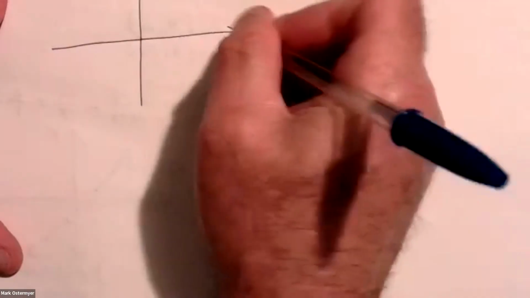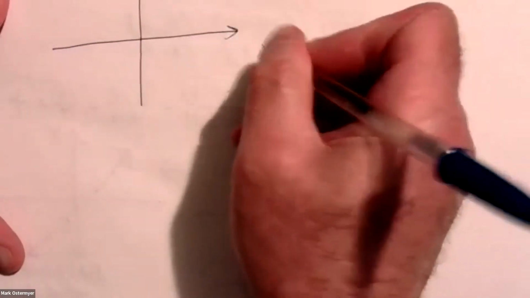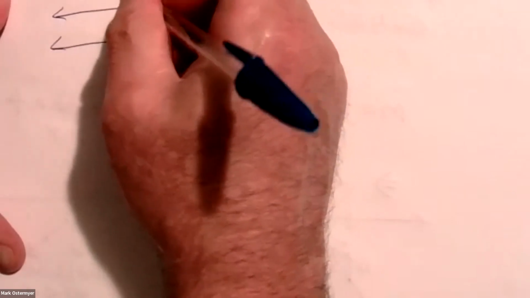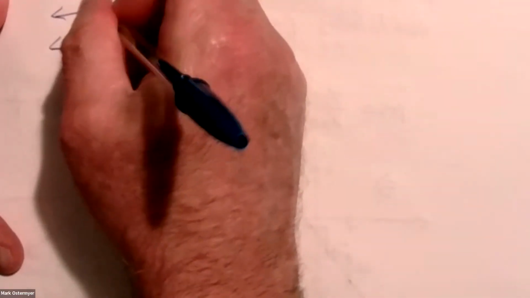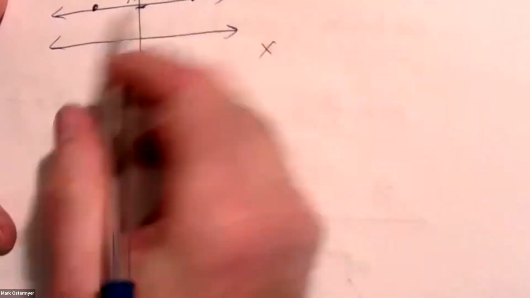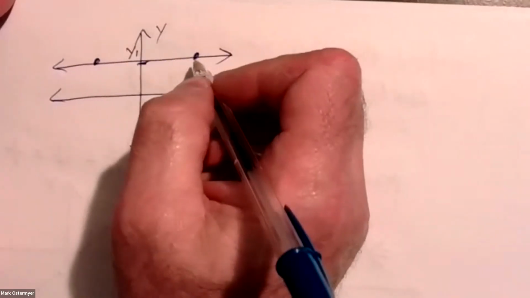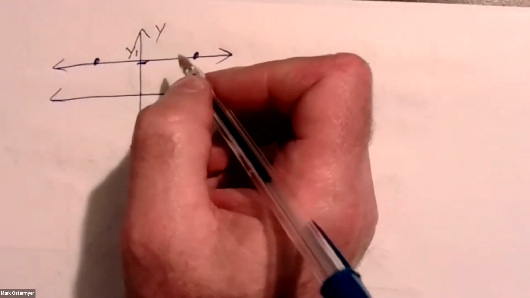Well, if you have the graph of a horizontal line, all you have is run. You don't have any rise. With a horizontal line, you have nothing but run, no rise. So if you pick two different points on a horizontal line, the y coordinates are going to be the same.